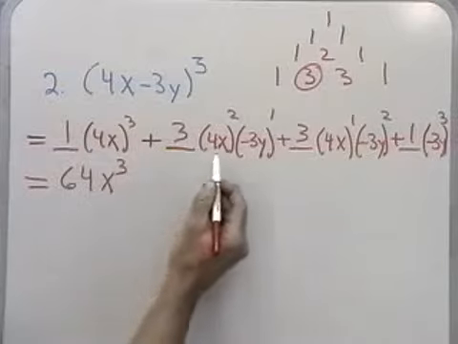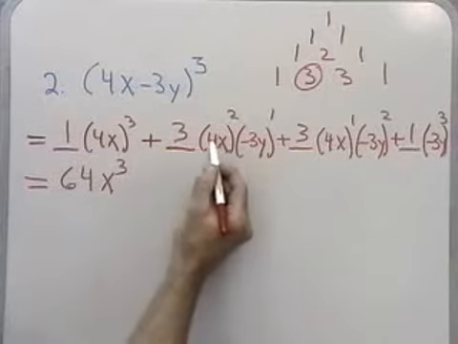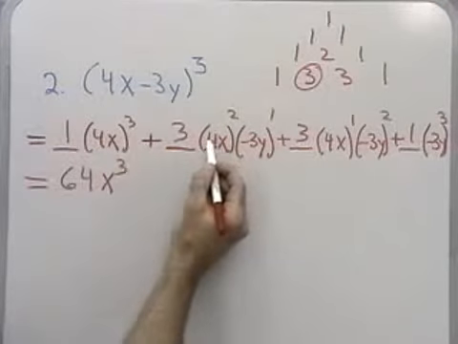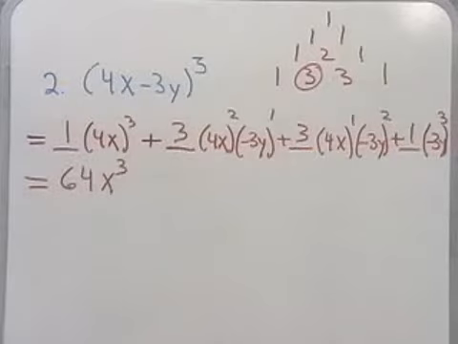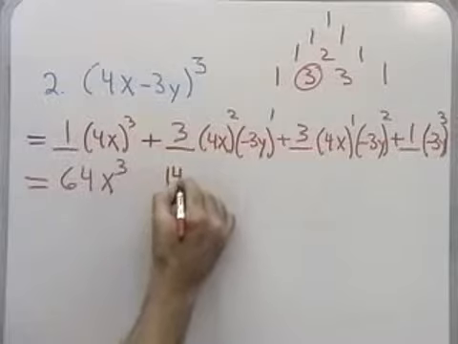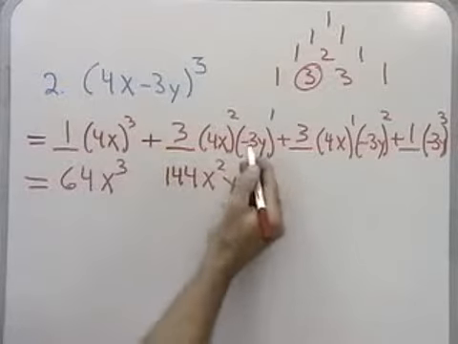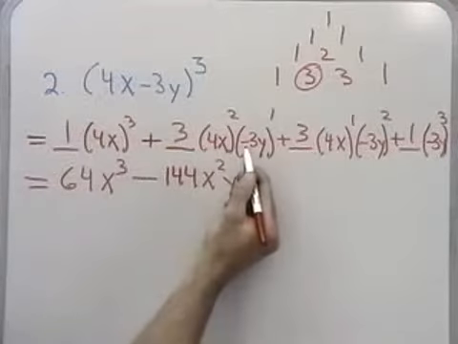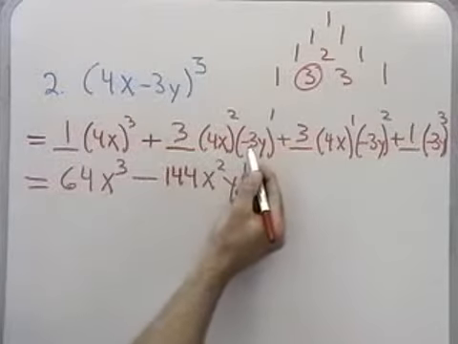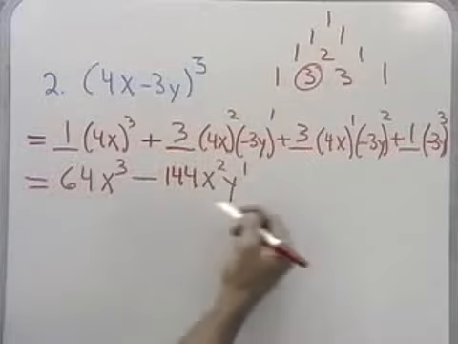Plus, well now let's see, I'm going to have negative 3, 4 to the second, 4 times 4 is 16, 3 times 3 is 9, 9 times 16 comes out to be 144, x to the second, y to the first, and then it's a negative sign because I have negative 3 to the first power, which is negative 3, so that changes that to a negative sign.